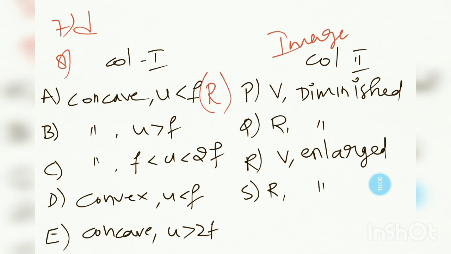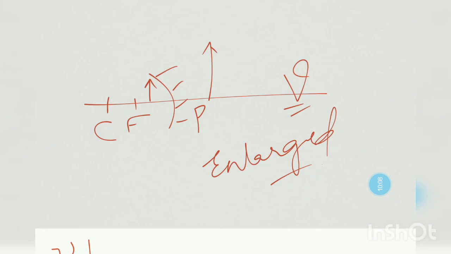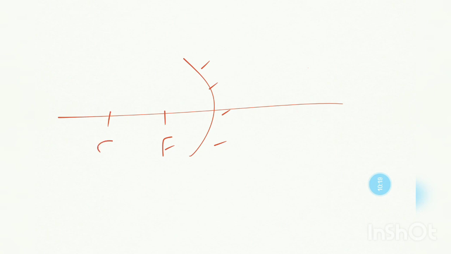Next we have again a concave mirror where u is greater than the focal length, that means the object distance is greater than the focal length. Take this concave mirror, again with focus, center of curvature, and pole. He hasn't specified where, so it can be here, or here, or here.